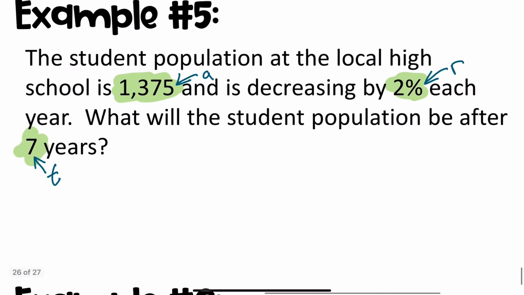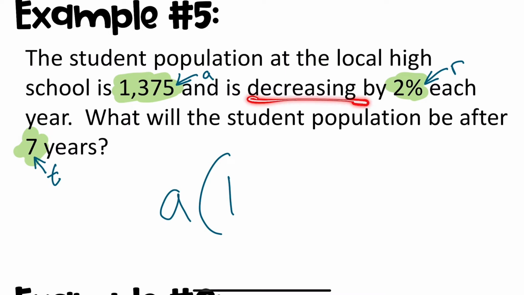Cool. All right, I'm going to write my formula. I got A, parentheses 1. This is decaying. It says it's decreasing, so I got to make sure to put a minus sign. r, and then that's going to be to the t power again. Once again, all I'm going to have to do is replace each piece.